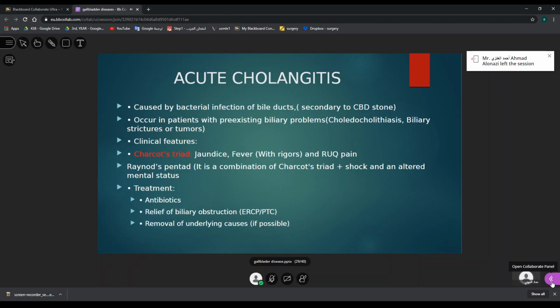What is the shock with acute cholangitis? Yes. And I said Reynolds' pentad, a combination of Charcot's triad, shock and altered mental status. What type of shock? Distributive shock. What kind of distributive?